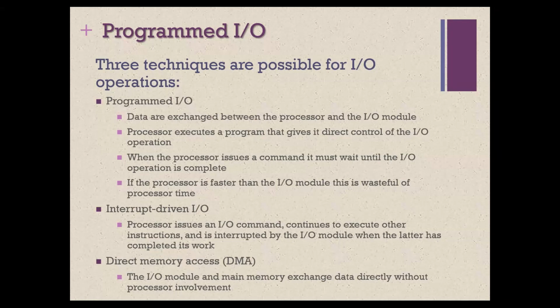The alternative is known as direct memory access, DMA. In this mode, the I/O module and the main memory exchange data directly without necessarily involving the processor, actually at the permission of the processor. We talked about this.